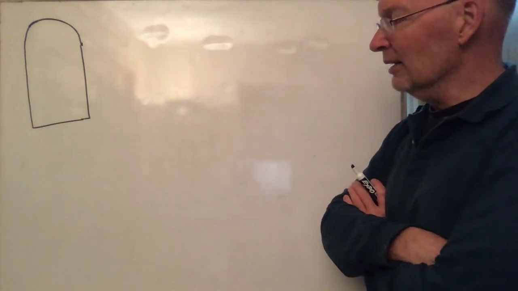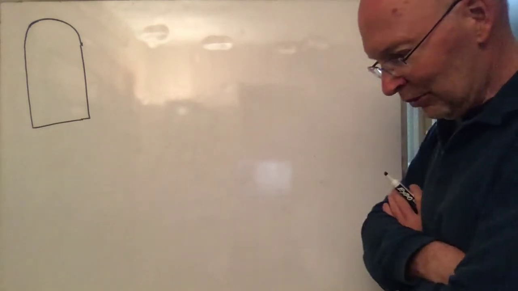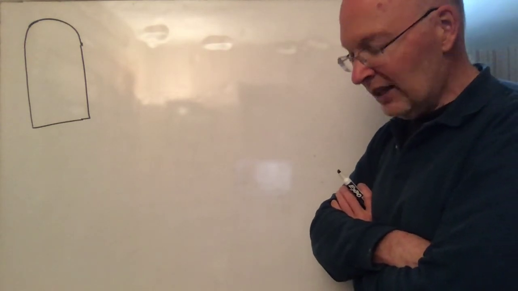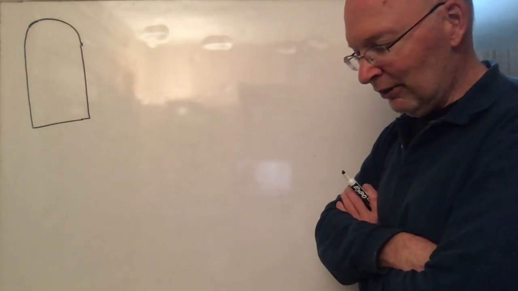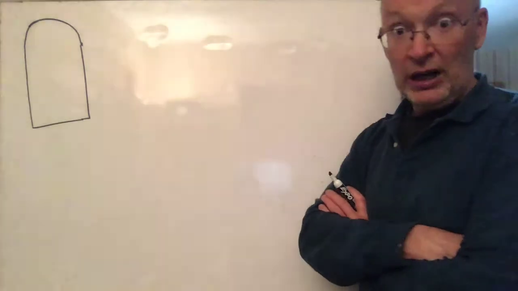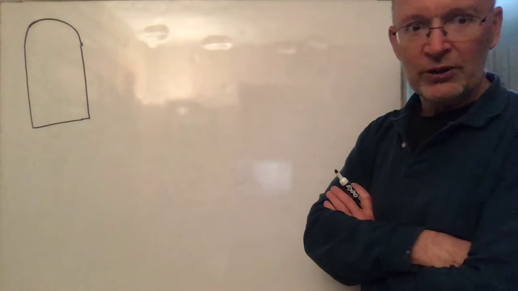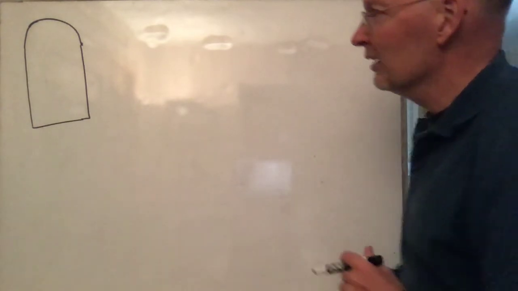Anyway, David Copperfield, the magician, once said that any 8-year-old child could do his magic tricks with 20 years of experience. Similarly, these things are all easy after you've done them enough times, thought about them enough.